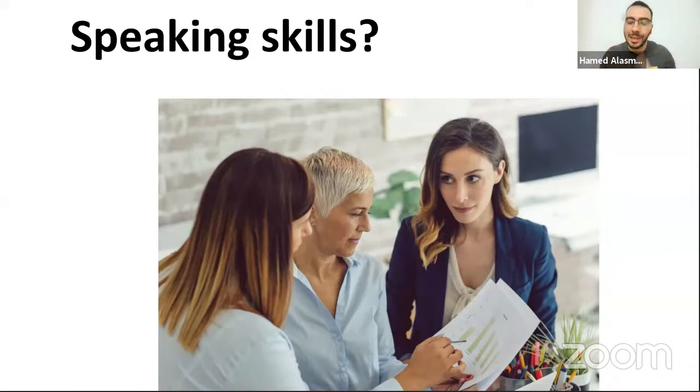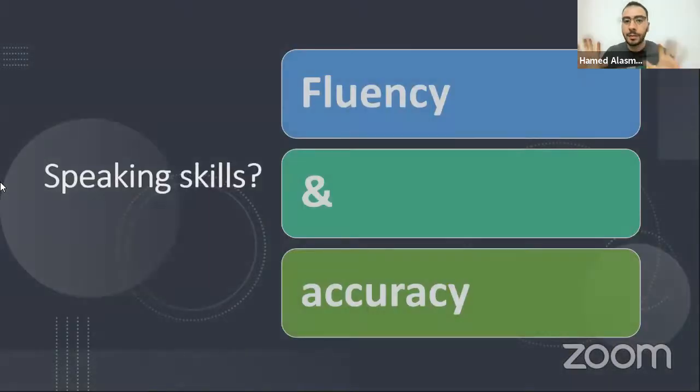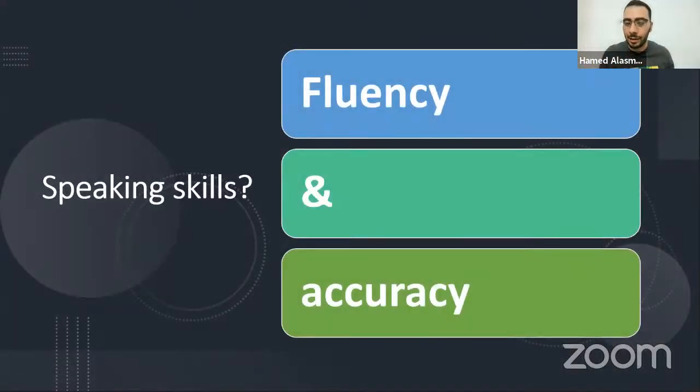Listening is not actually a speaking skill, nor reading. I need you to focus on speaking skills. Yes, thank you very much, everyone. So basically, the two major skills in speaking are fluency and accuracy. Again, the two most important speaking skills that we focus on in the classroom are fluency and accuracy.